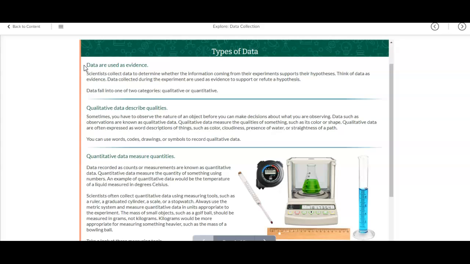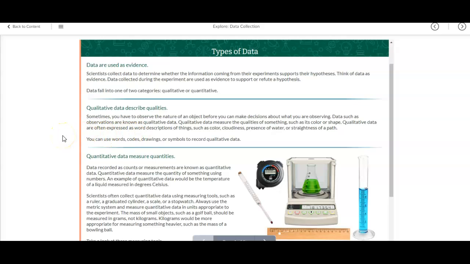So data fall into one of two categories: qualitative or quantitative. Qualitative data describes qualities. So this is something you want to put in your notes. Words, codes, drawings, or symbols, they can be qualitative. So sometimes you have to observe the nature of an object before you can make decisions about what you're observing.